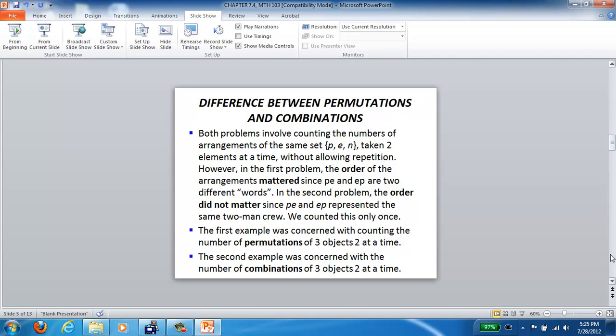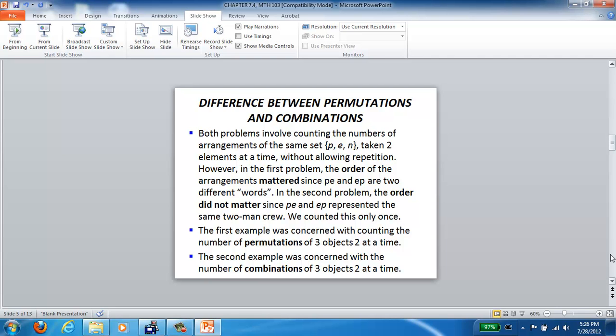Both problems involve counting the number of arrangements of the same set, taking 2 elements at a time. In the first case the order of the arrangements is important, since PE and EP are 2 different words. In the second problem the order is not important, since PE and EP is the same crew.